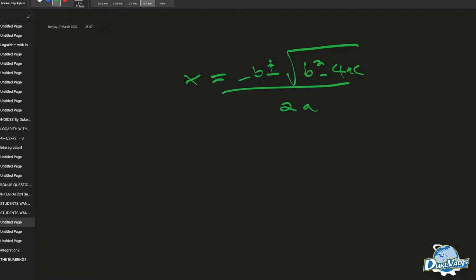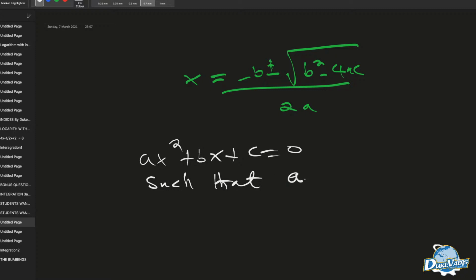That's what they want: the general quadratic formula. But we know the general quadratic expression is given as ax squared plus bx plus c is equal to 0, such that our a shouldn't be equal to 0.